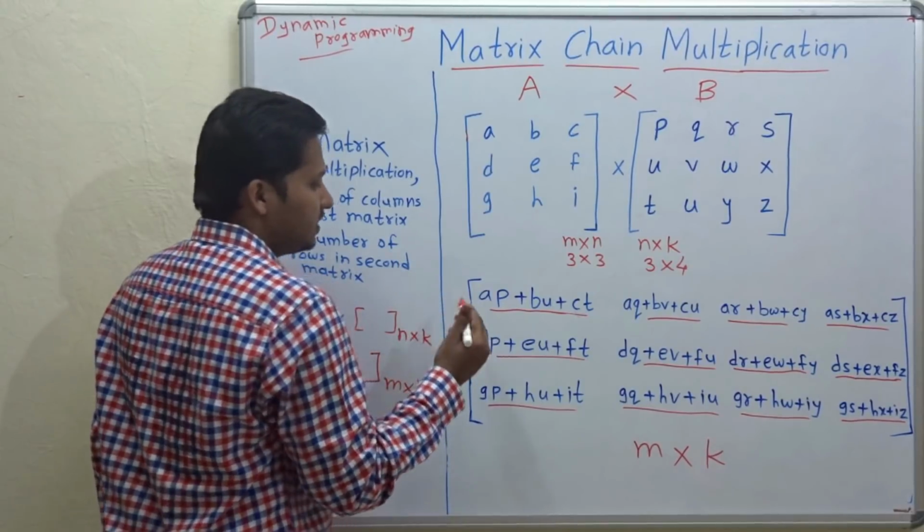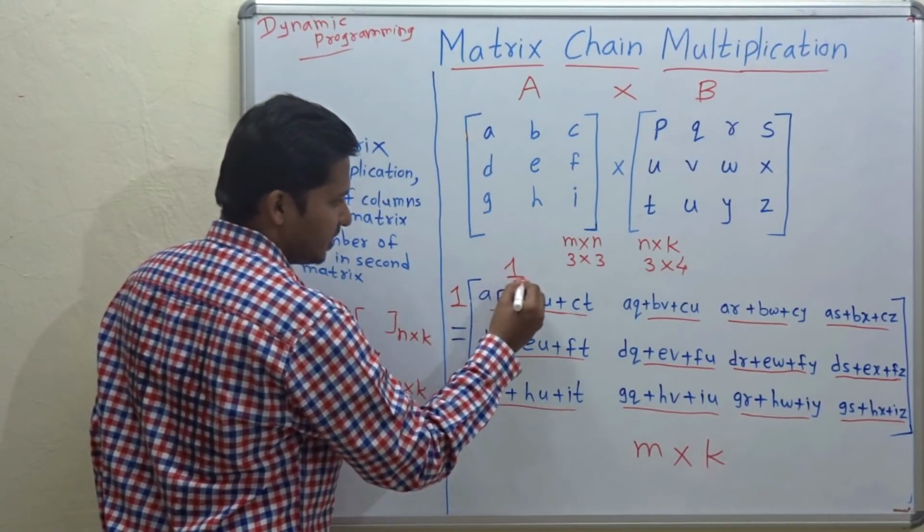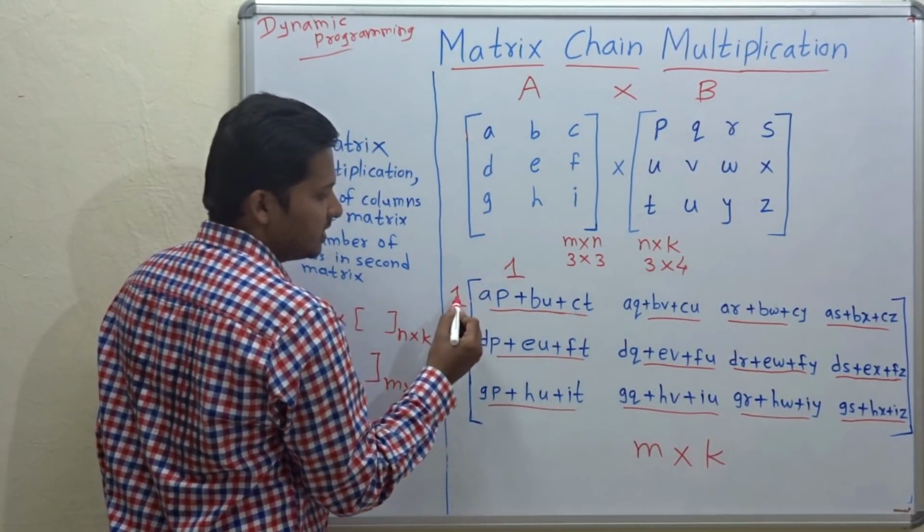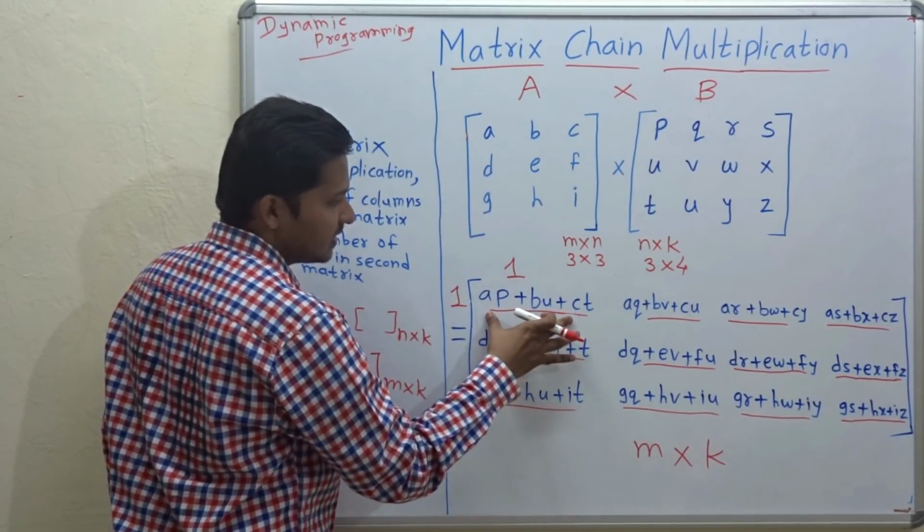Okay. Now see, the first row and the first column cell, that means 1 1, this is the cell.